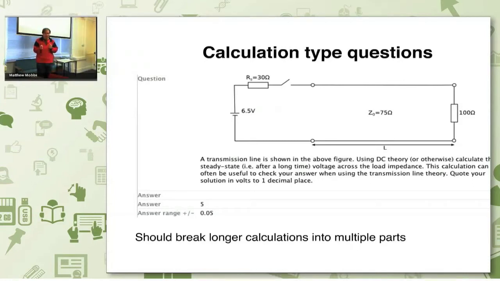The other important thing with calculation type questions is that typically in an exam where a calculation is 40% of the marks, if you ask that as a single Blackboard question, you're just really setting the students up to fail. Clearly the best students are usually able to go all the way through a question and get the right answer, but that's more often not the case with these sorts of calculations.